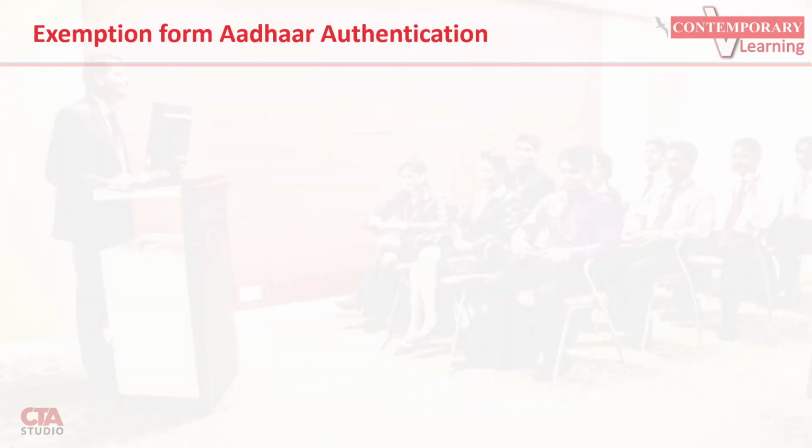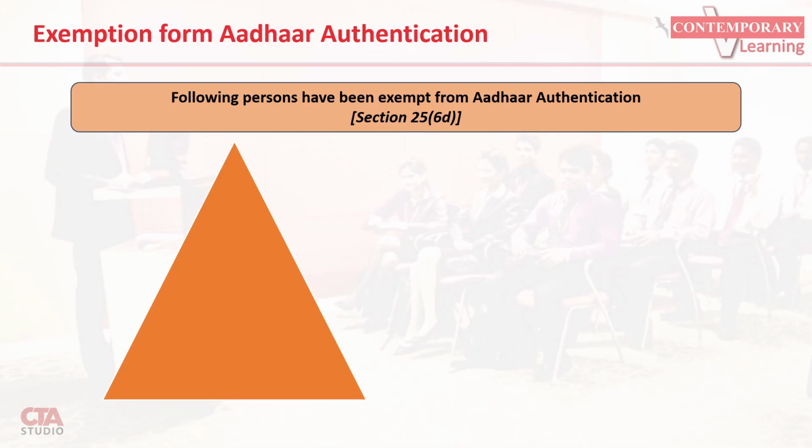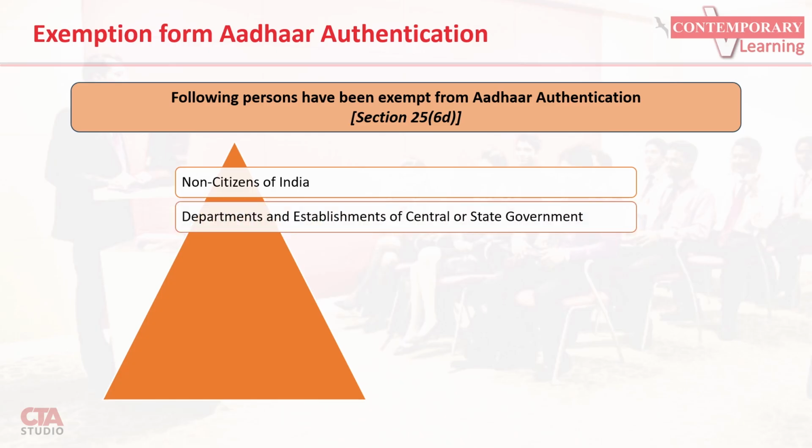Let me explain who is exempt from Aadhaar authentication requirements under Section 25(6D). The following categories of persons have been exempted from Aadhaar authentication. Non-citizens of India. Foreign nationals are exempt, which is logical since Aadhaar is only for Indian residents.